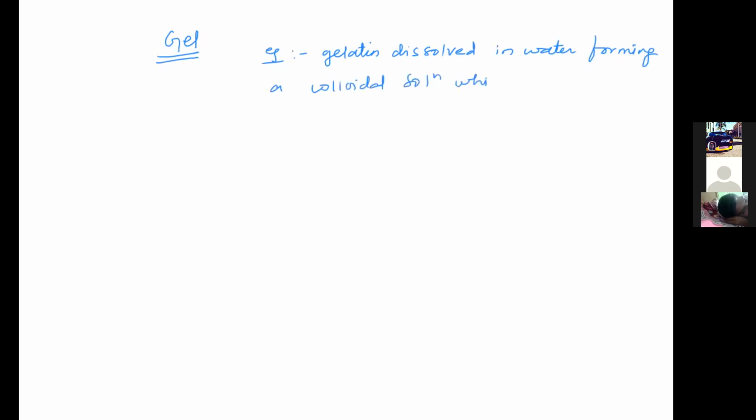Next we have gel. An example of gel is gelatin dissolved in water, forming a colloidal solution, which, when cooled, sets into a jelly.